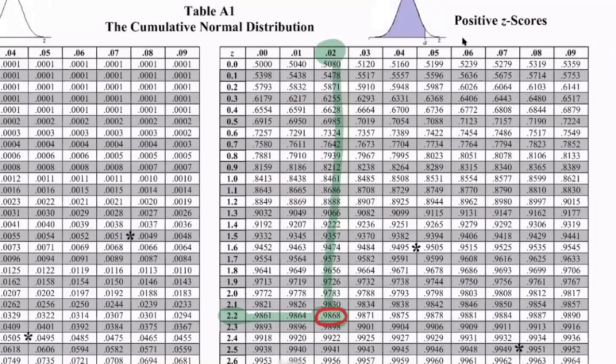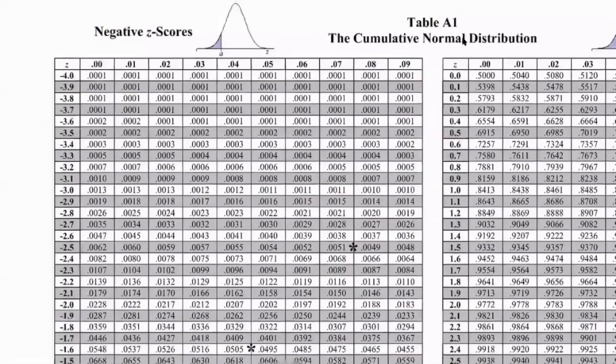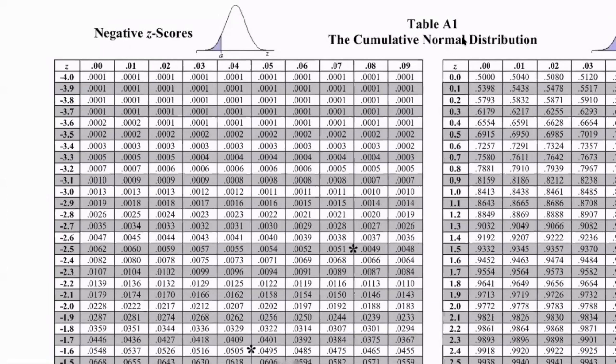This is a negative z-score, so here's negative 1.98. This is what I see, 0.0239. Any questions about that? This again is a left tail test. This table gives areas to the left, so that's a good number right there. That's our p-value. Okay, any questions?